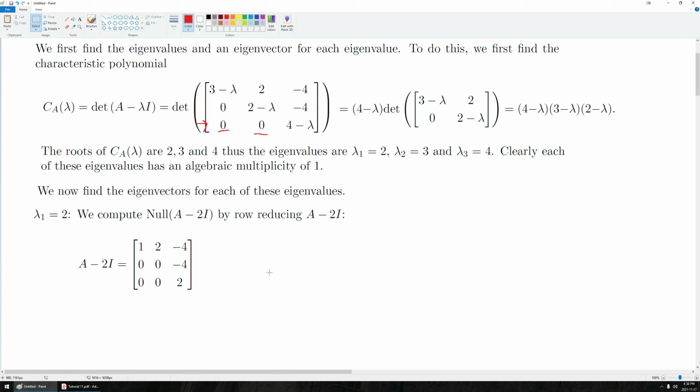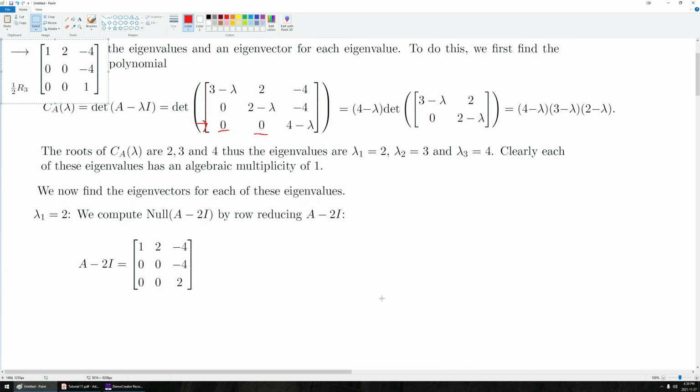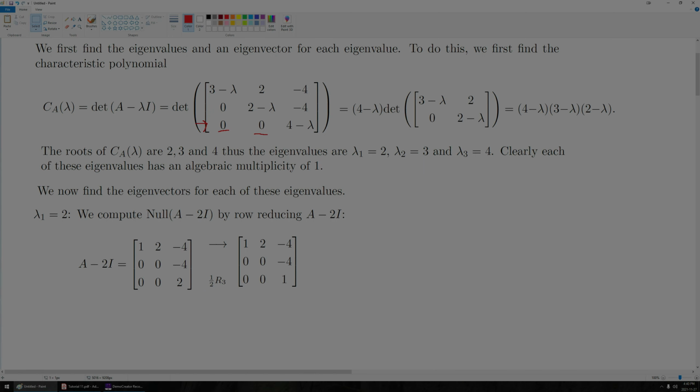Now I want to row reduce this guy. Well, the first thing I can notice is, hey, I already have a pivot here in the spot that I want it to be, and thus I just want to simplify these last terms here. So I'm just going to take the path where I divide R3 by 2 to turn the 2 into my next pivot. And now let's use this new 1 to get rid of the terms above it.